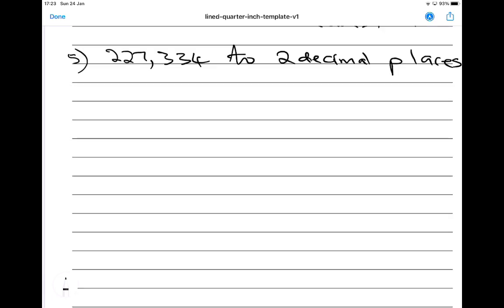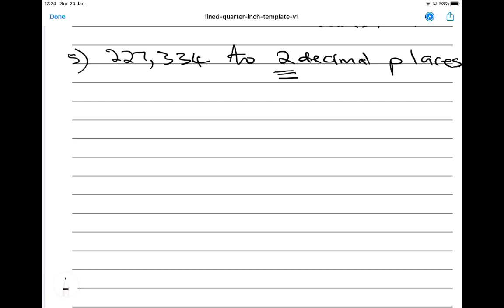Now let's look at rounding off to a given number of decimal places. 227.334 should be rounded off to 2 decimal places. What this means is we need to leave our answer with only 2 digits after the comma because it says 2 decimal places, so there should be 2 digits after the comma.